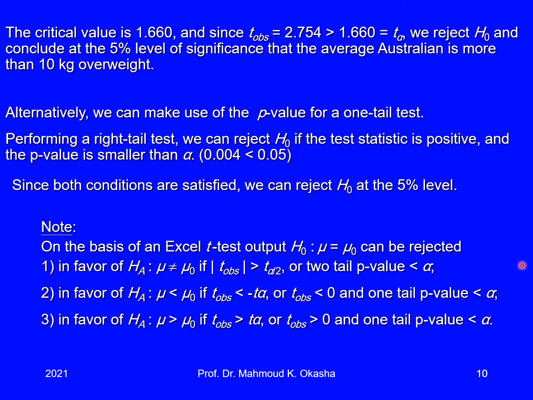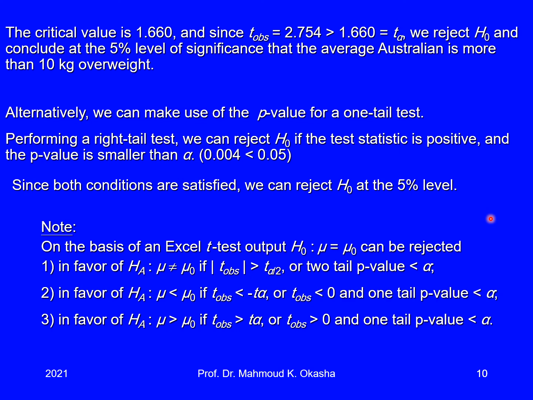The third case, we reject the null hypothesis in favor of the alternative hypothesis HA, mu greater than mu naught, if the observed t is greater than t alpha, or observed t is greater than 0 and the one-tail p-value is less than alpha.